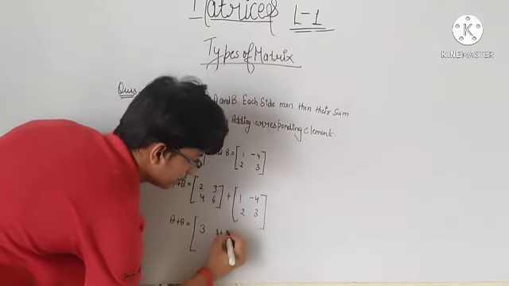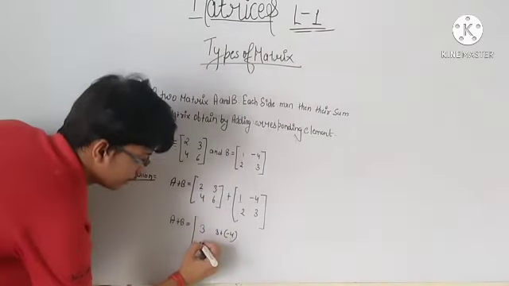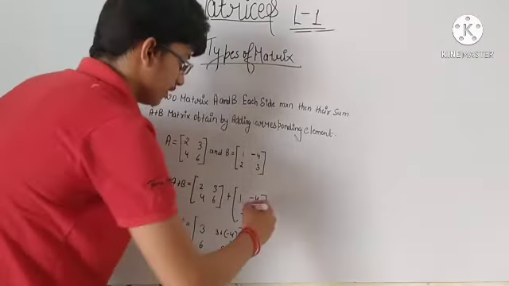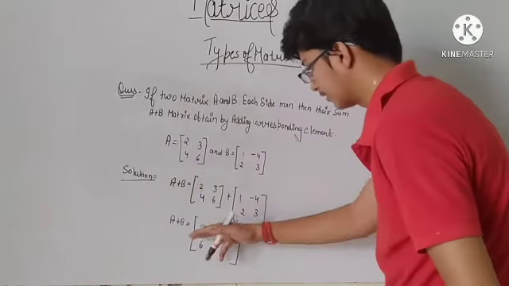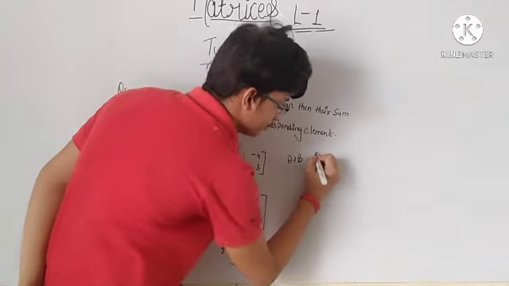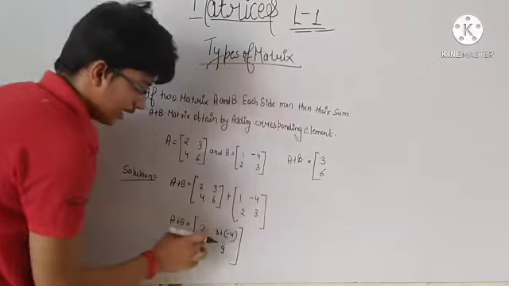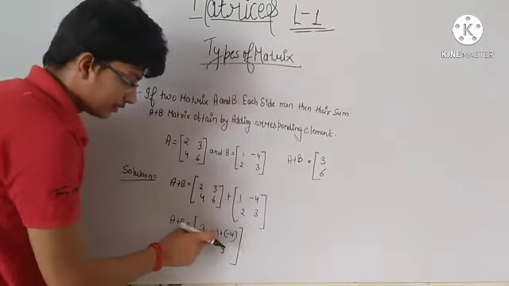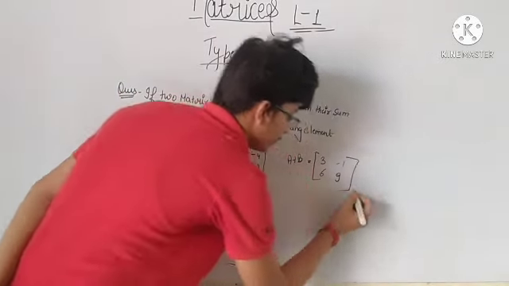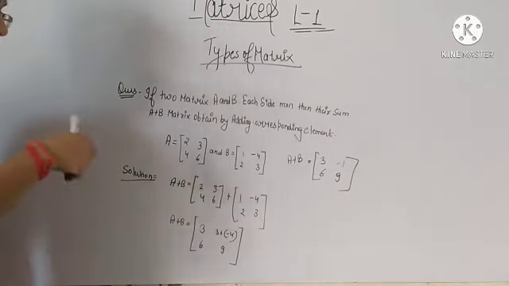So 3 plus minus 4, then 4 plus 2 is 6, and 6 plus 3 is 9. So A plus B is equal to 3, minus 1, 6 and 9. So the matrix of A plus B is 3, minus 1, 6 and 9. So are you getting this?